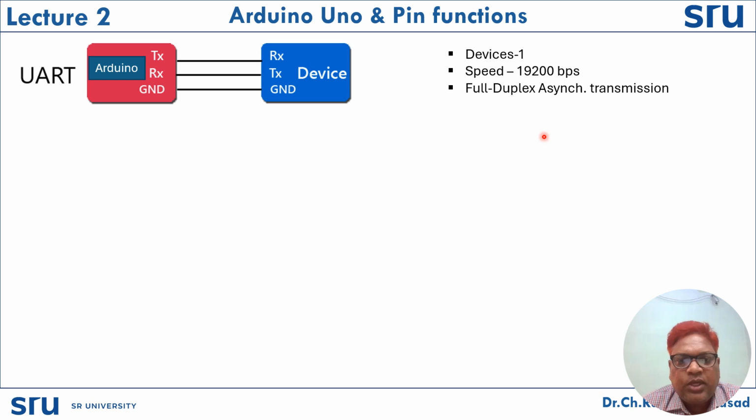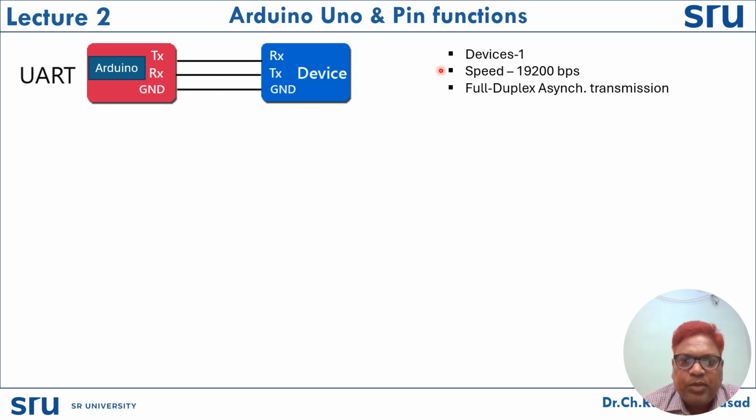The speed of operation is up to 19,200 bits per second, and it follows full duplex asynchronous serial communication. At a time we can connect only one device. Full duplex means both-way communication. Simultaneously it can transmit and receive data, because it has two different lines for transmission as well as reception.